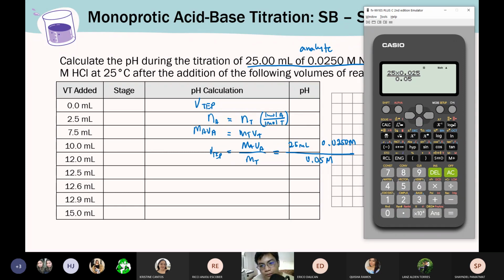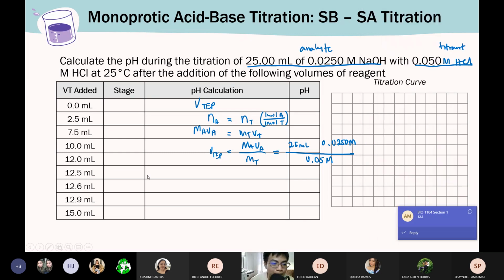Feeling ko 12.5. 12.5 nga. Last year, ito yung naaalala kong problem eh. So it's 12.5, correct. Okay. So ito yung VTEP natin. So siya yung equivalence point.